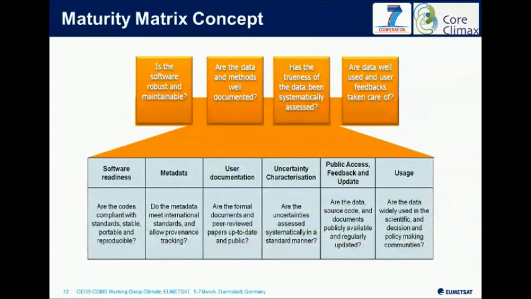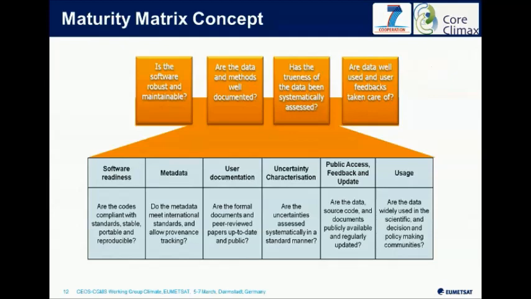So this is the concept of the system maturity metrics. Basically, a few questions are asked. Is the software developing the data record robust and maintainable? That's very important when it comes to a climate change service, because they want to have the data set for the next several decades.